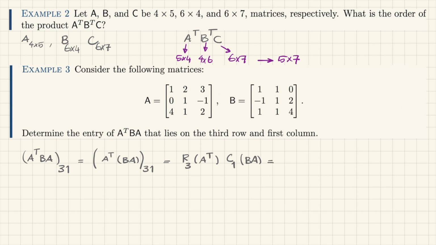But we just learned, what can I write instead of this one? Do you remember? I can write the third column of A, totally transposed. And then if I ask you, how can I calculate the first column of a matrix, the jth column of a product, do you remember what it was? The jth column of a product?